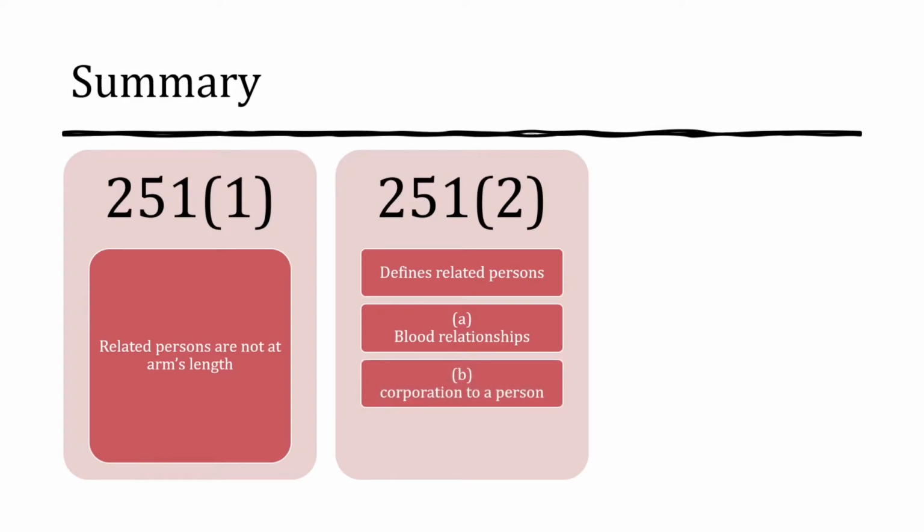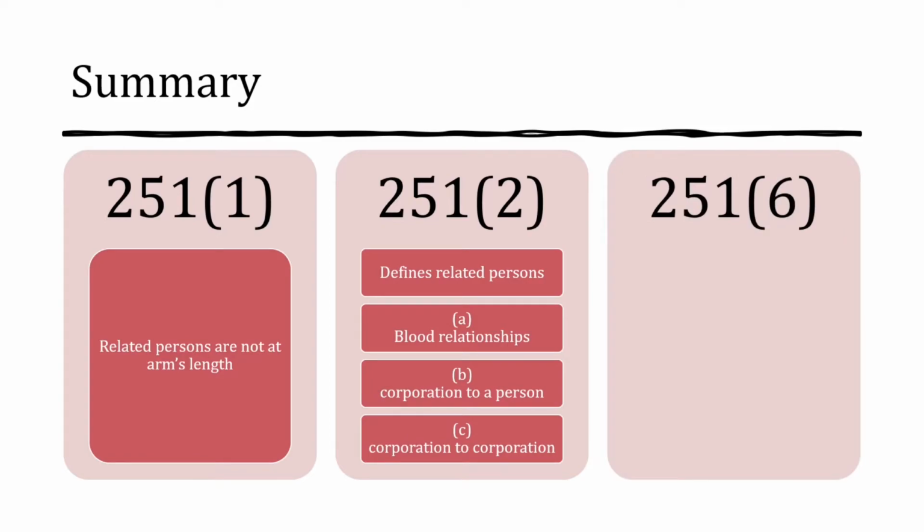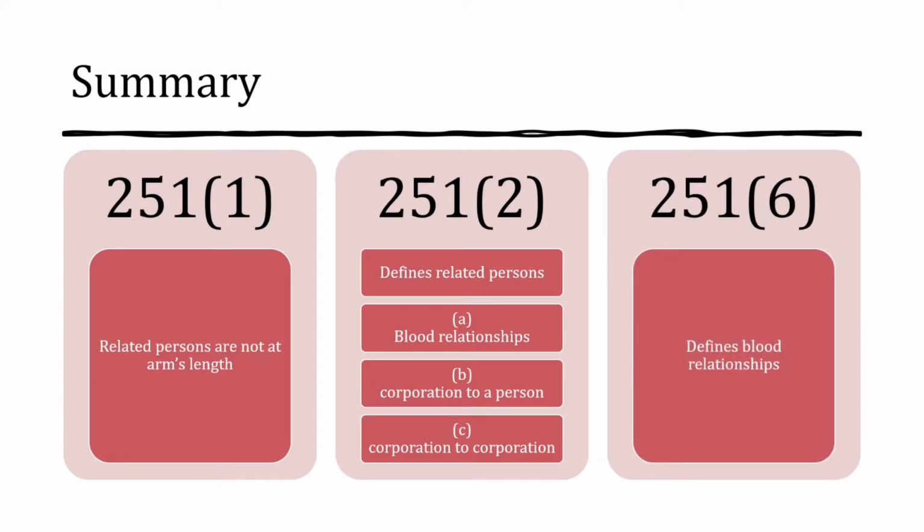Paragraph B is where it's really comparing a corporation and if it's related to a person. And then paragraph C is where it's really looking at any two corporations to establish if those two corporations are related to one another. And before we move on, don't forget 251 subsection 6 is where blood relationships are defined.